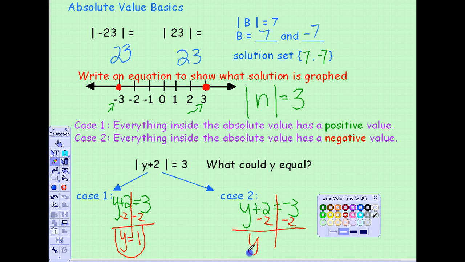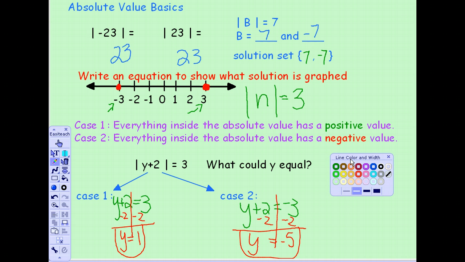This time, because we started with a -3, -3 plus -2 equals -5. So our solution set looks like y equals our little bracket 1 and y can equal -5. So we get two answers dealing with our absolute value.